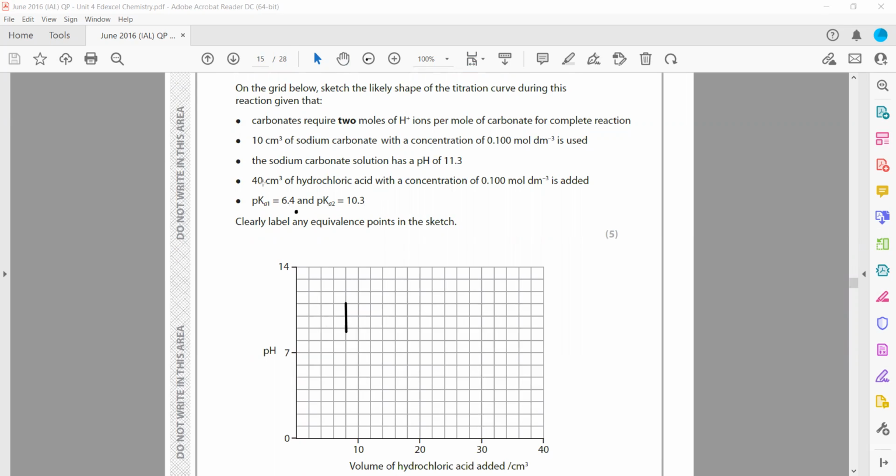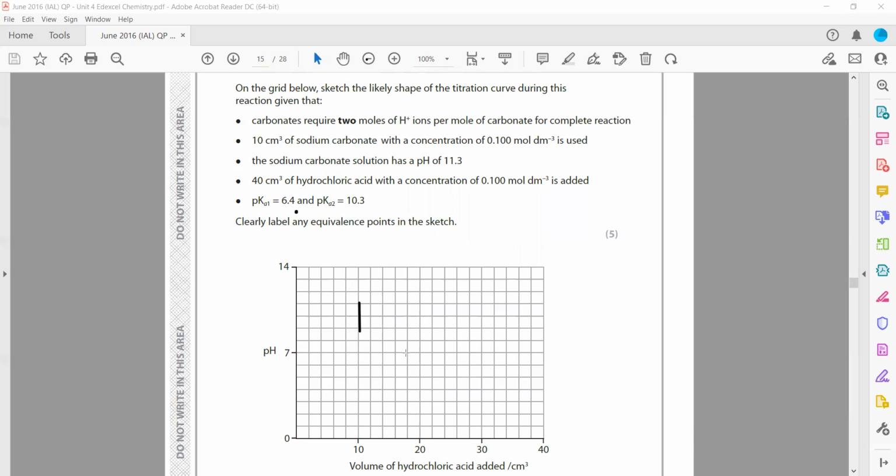Then if carbonate is reacting, it reacts with 2 moles. Because the concentration is the same, the volume of HCl needed will be twice. If we need 10 cm cube of HCl for reacting with hydrogen carbonate, we need 20 cm cube of HCl to react with carbonate, and that will have a pKa of 6.4.